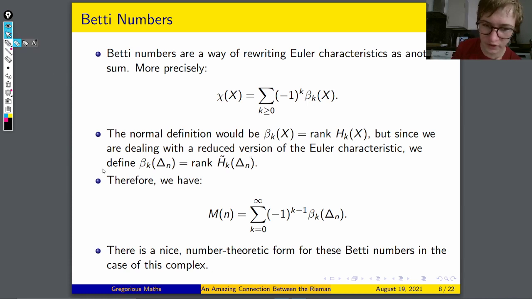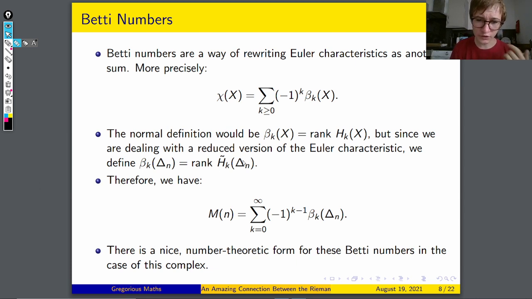Now, the precise definition, the normal definition, is that the kth Betti number is the rank of the kth homology group of X. Again, no need to know what the jargon is, this is just a precise definition. And the great thing about these Betti numbers is that they admit a much simpler form when we're dealing with this delta n, this complex which we defined above.